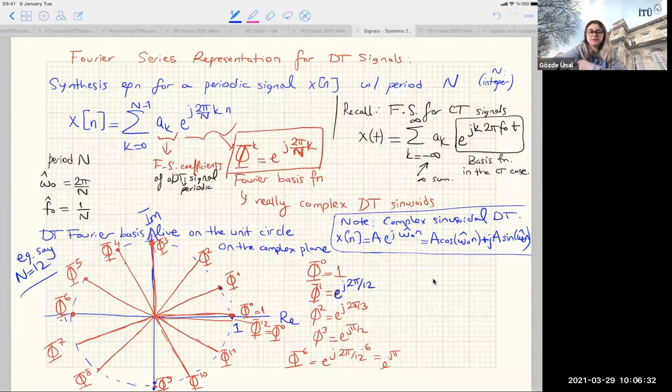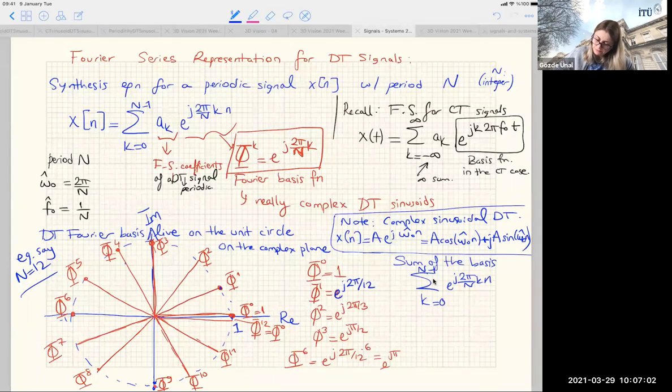One other observation from here: because they are complex conjugates and you see the symmetries on this unit circle, the sum of the basis functions on the unit circle, k from 0 to N minus 1, is actually N. Let me write the basis here, e to the j 2 pi over N k n, phi k of n.